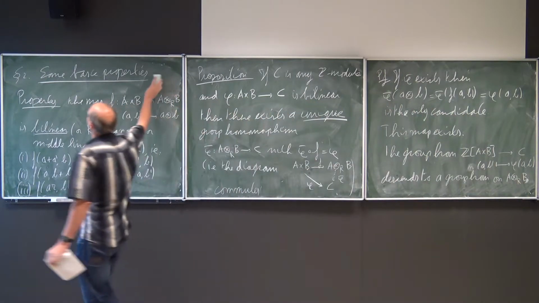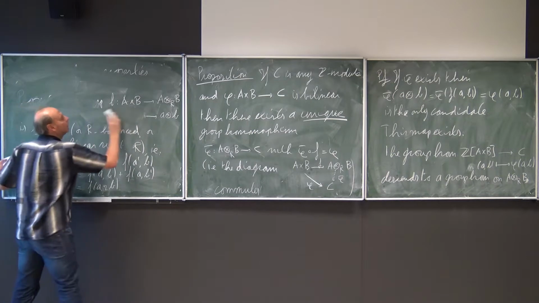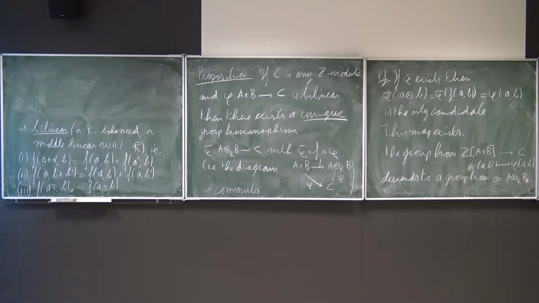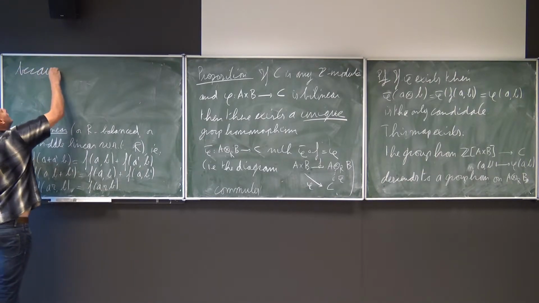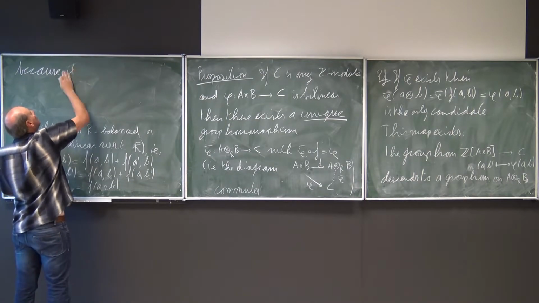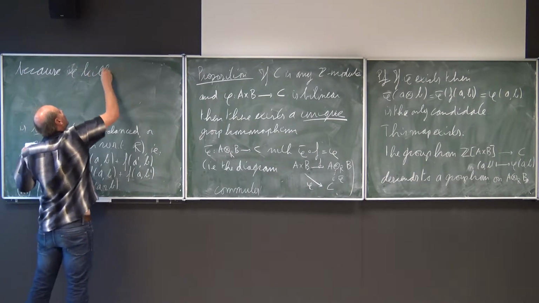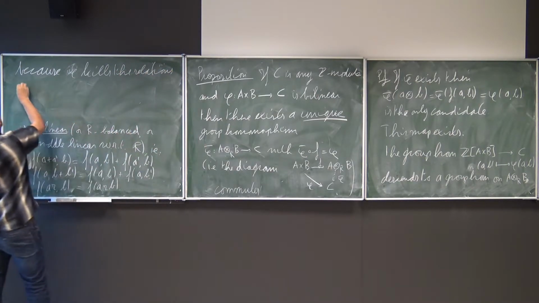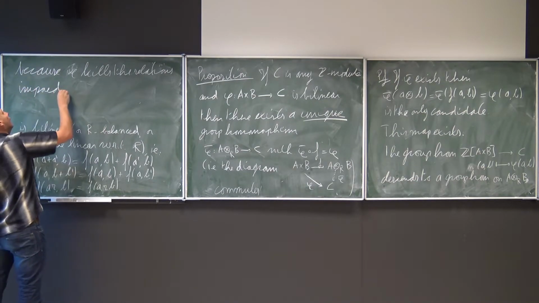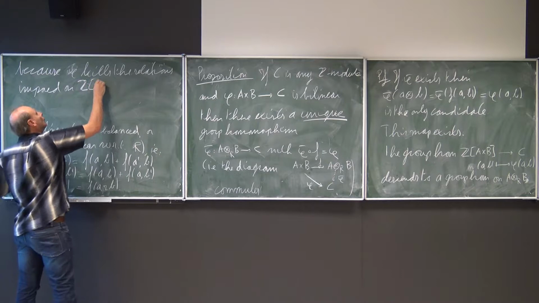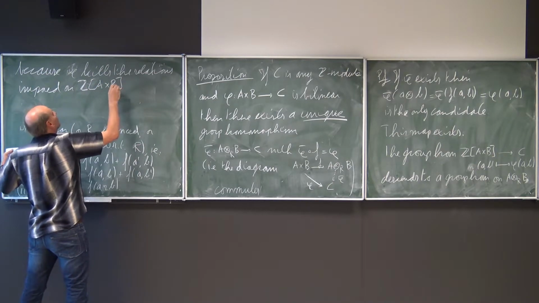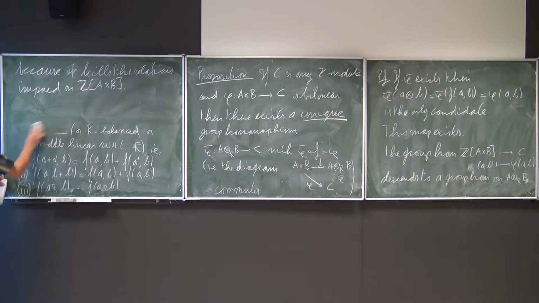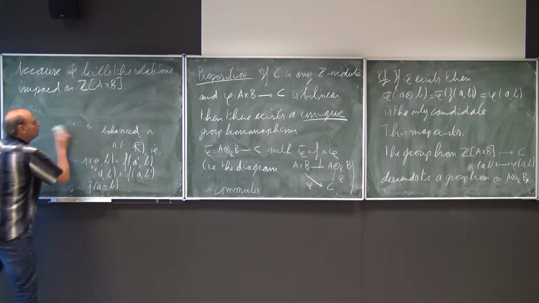So let me just say, because the properties of phi kill the relations imposed on Z(A cross B). Okay, so in this construction we impose those relations and we simply assume that it works. Now this is exactly the correct map.